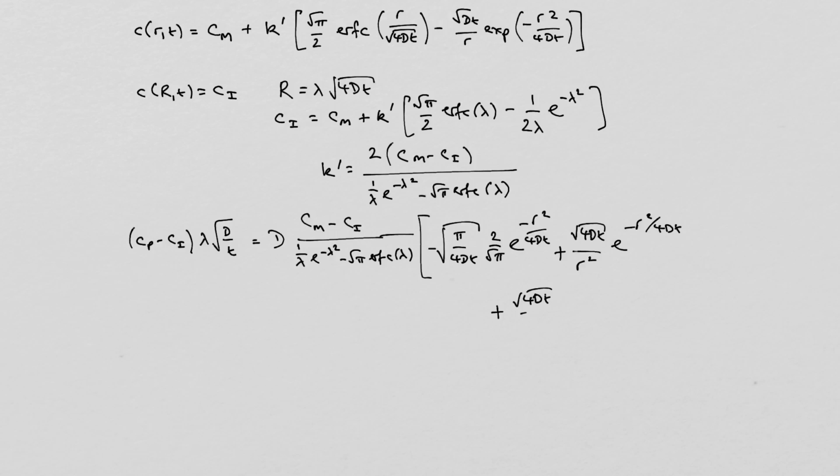And then the derivative of the exponential. And the point here is that these two Gaussian terms vanish. Okay, you can check that.